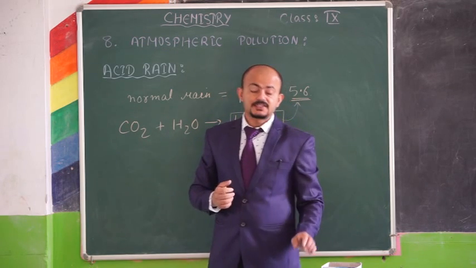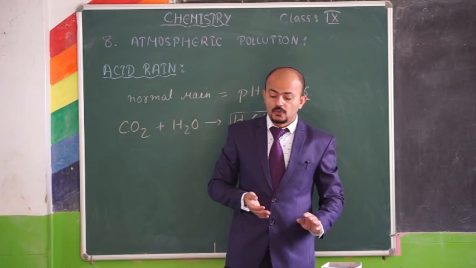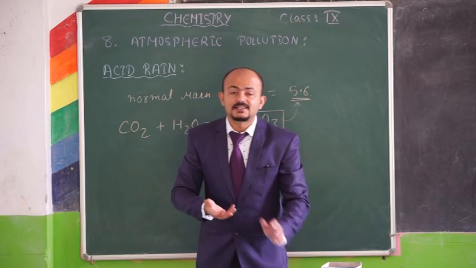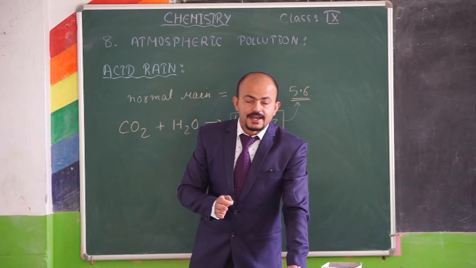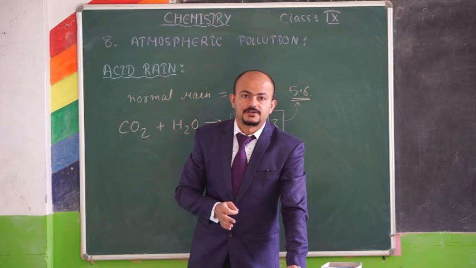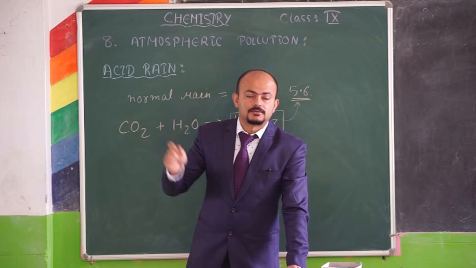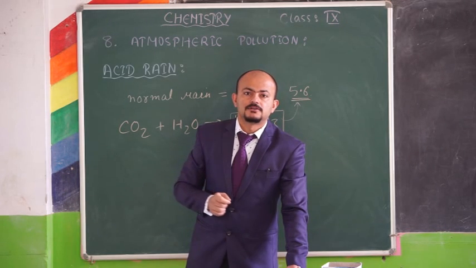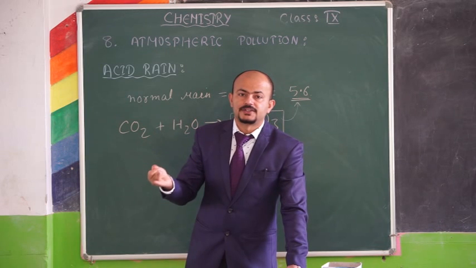Now let's discuss about the composition of acid rain. So what causes acid rain? There are oxides of nitrogens and oxides of sulfur. Whenever they are present in the atmosphere, they dissolve in water, forming either nitric acid or sulfuric acid.